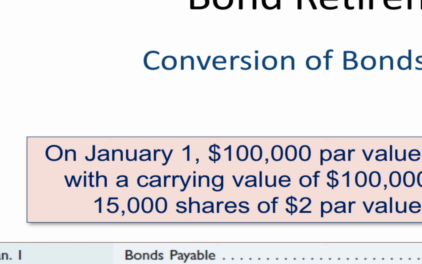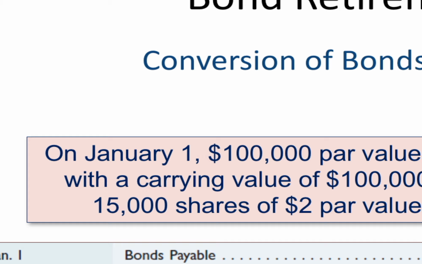The difference is, instead of looking at the cash we got for these stocks to determine how much paid-in capital in excess of par, we treat the market value of these shares as whatever the liability is that we're canceling. So in this case, we're canceling $100,000 of liability.